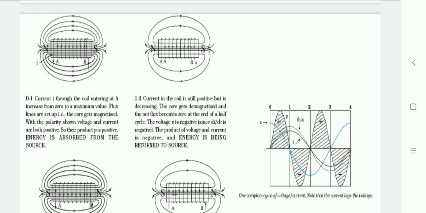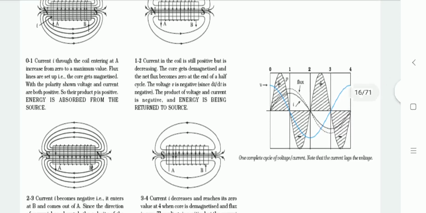It is still positive, and that's why the magnetic field is in the same direction, north to south, as you can see in the diagram. But the current value is reduced from 1 to 2, and the magnetic field strength is also reduced within that duration.